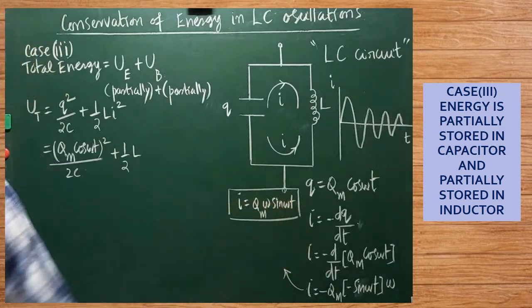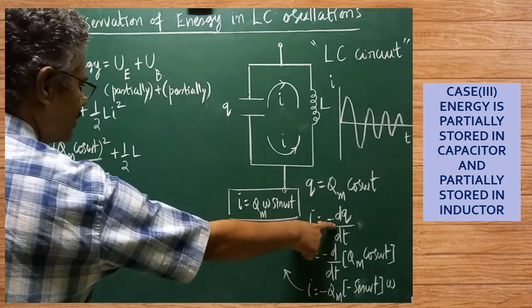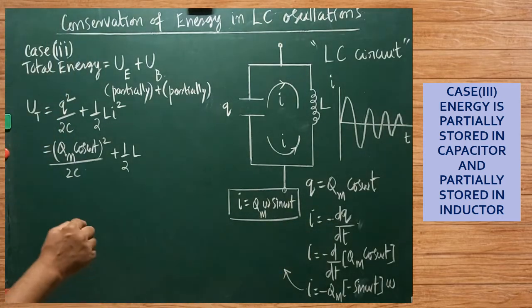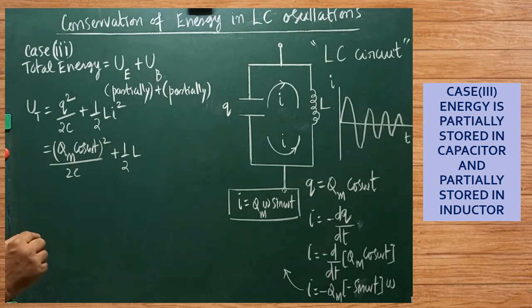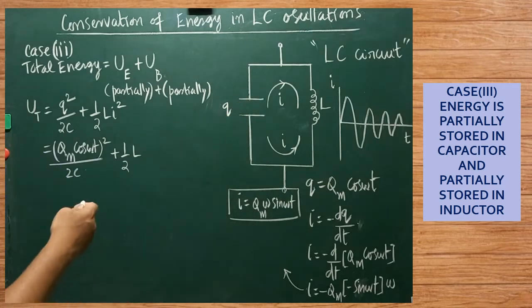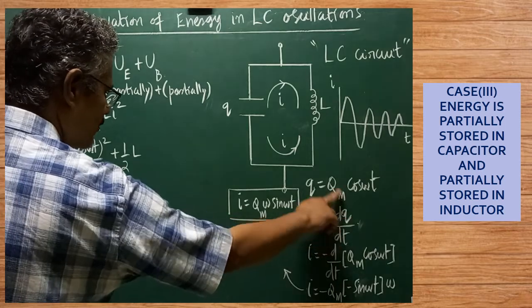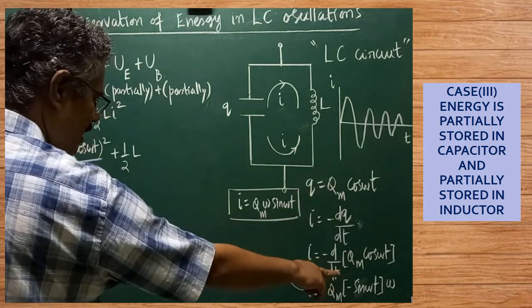We know that current is nothing but dq by dt. The rate of flow of charge is called current. Here one negative symbol is there, and it has its own significance. It shows that the charge in the capacitor decreases with respect to time. Instead of Q, substitute Qm cos omega t.